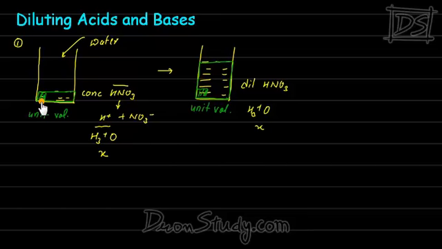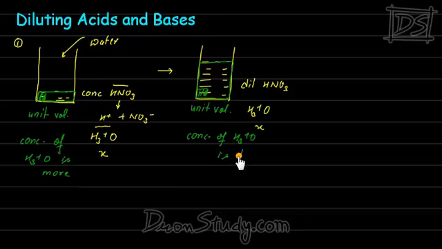So we can write that in this case the concentration of hydronium ions is more, and in this case the concentration of hydronium ions is less. Now it must be clear to you.